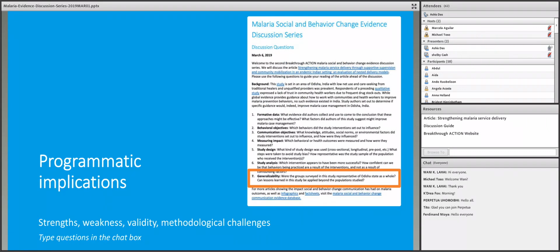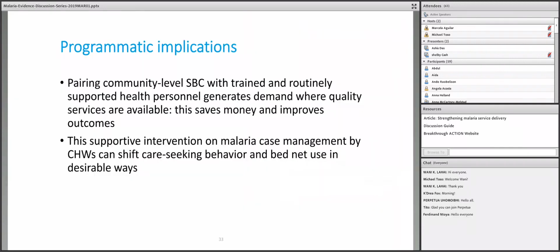Well, here we'll talk about the programmatic implications, focusing on strengths, weakness, validity, and methodological challenges. If you recall, we combined interventions, community level social and behavioral change, with trained and routinely supported health personnel.